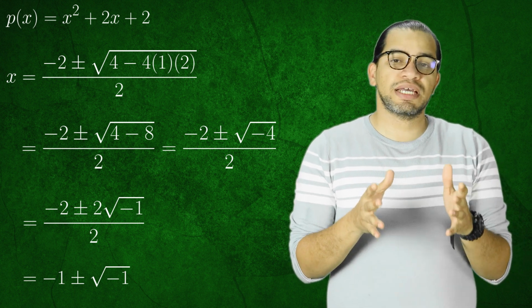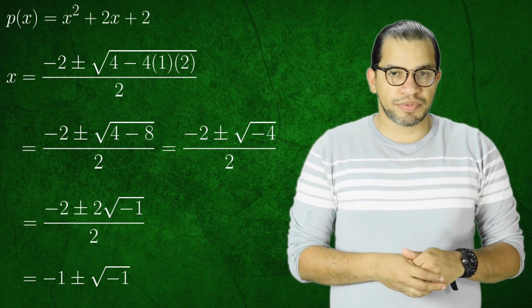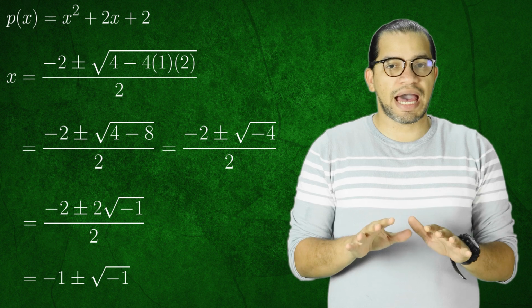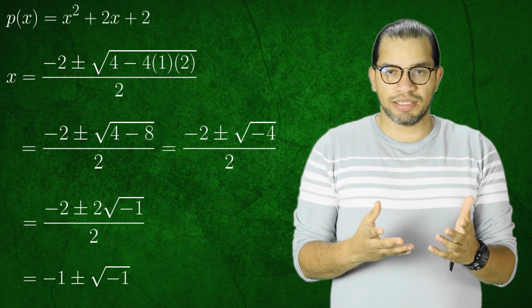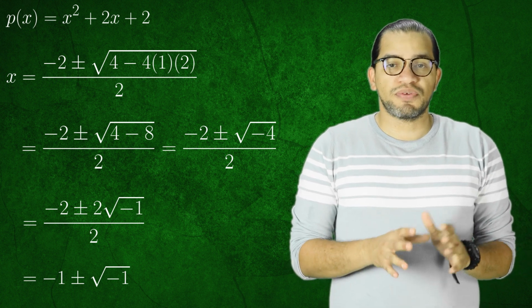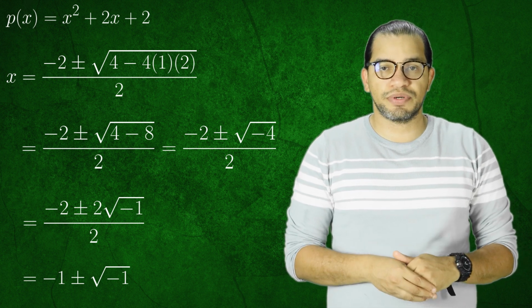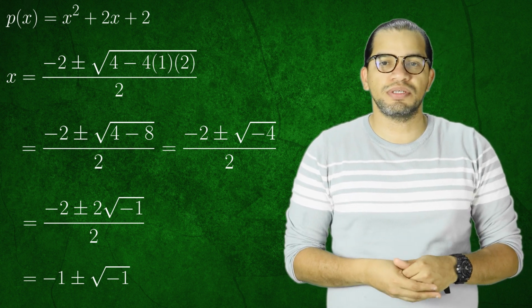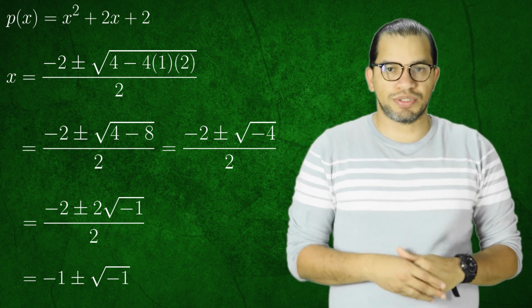If we are limiting ourselves to the field of real numbers, we don't have any solutions for this polynomial, meaning this polynomial does not have roots. But if we extend this field to the field of imaginary numbers or complex numbers, then this polynomial has two roots.